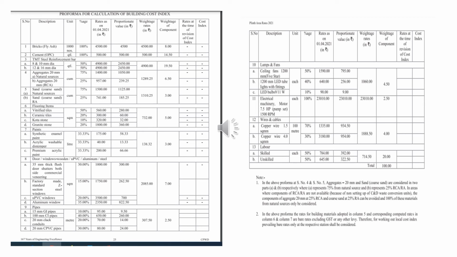Weightages they have considered: suppose bricks are there, then 8 weightage, cement as 14.5, steel as 19.5, aggregate as 6.5, sand as 3, and so on.